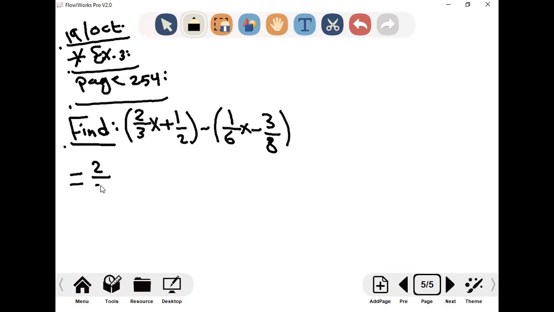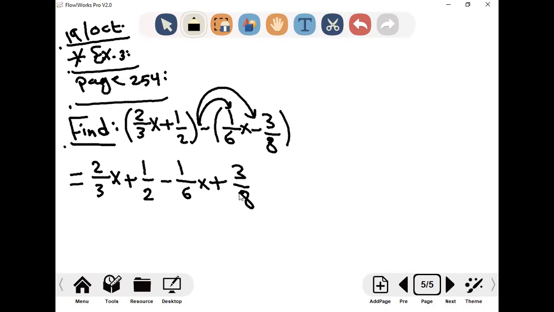So 2 over 3x plus half. Now this negative sign, you need to distribute it inside the parentheses. Negative with 1 over 6x minus 1 over 6x, right? Negative with -3 over 8 plus 3 over 8. Done?